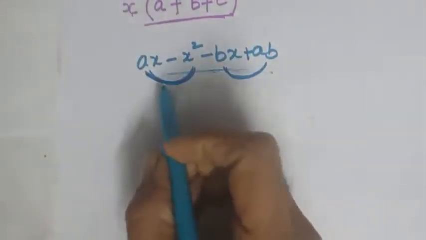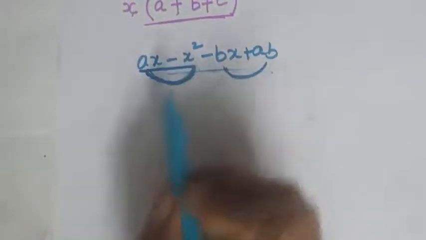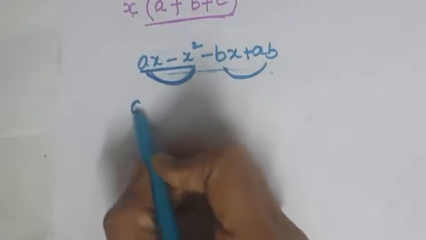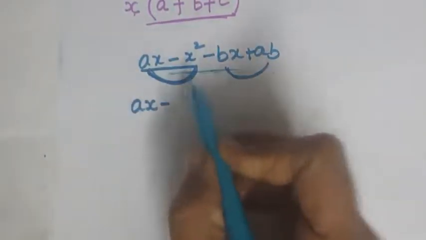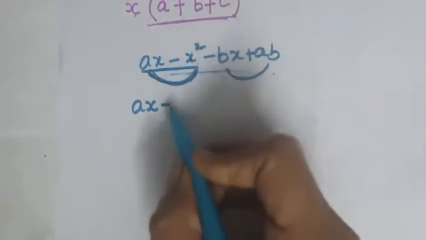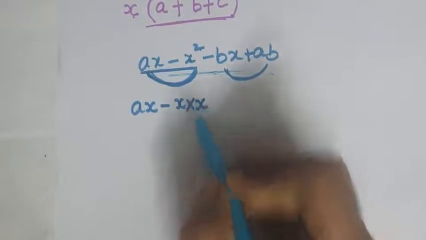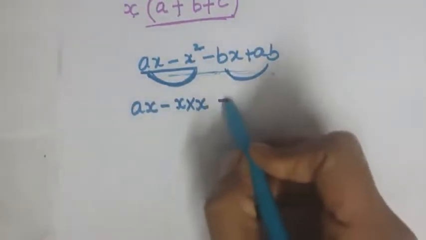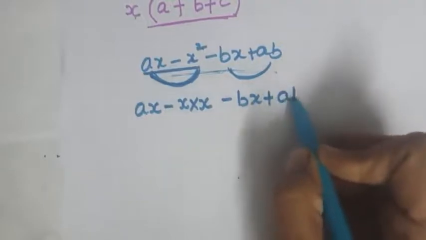Now, if you see here what is common, let us write it first like this. x square can be written as x multiply x, minus bx plus ab.